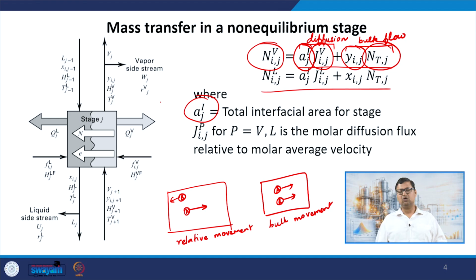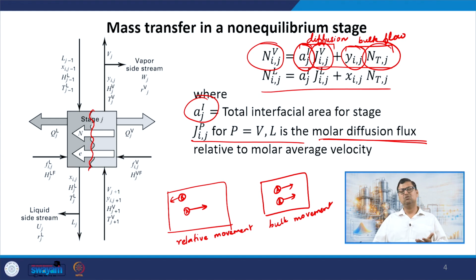AJI is my total interfacial area that we have in the stage. So, between this, because the mass transfer takes place through this interface, right, and then this Jij, as I said, is my molar diffusion flux, right. Diffusion flux can be defined with respect to a mass average velocity or a molar average velocity.